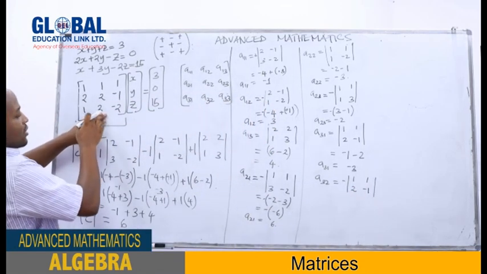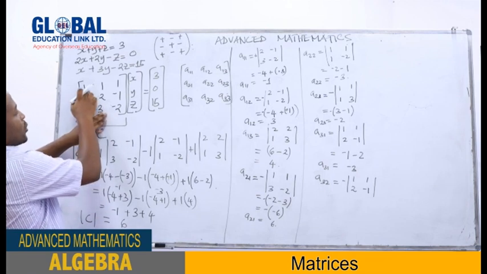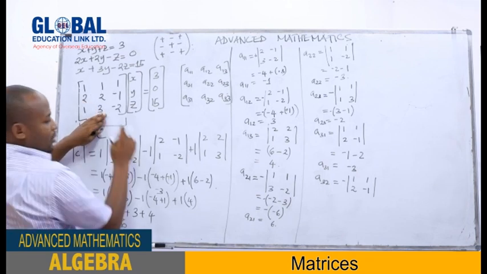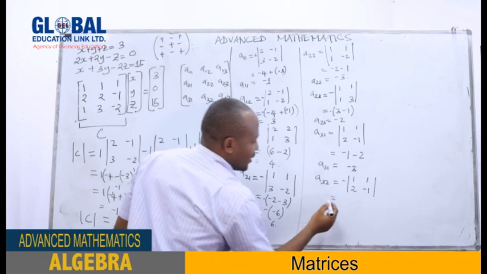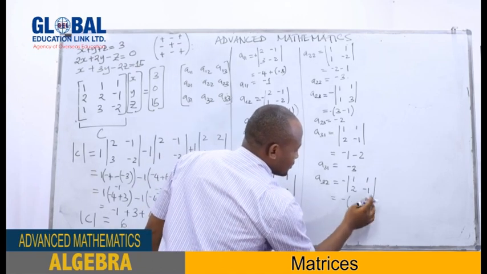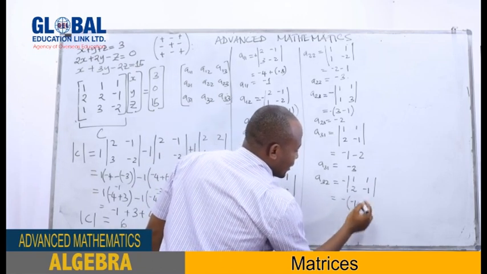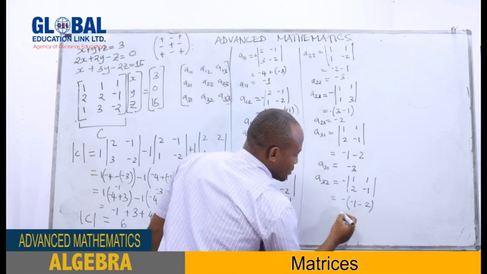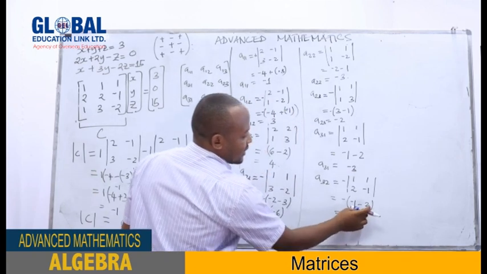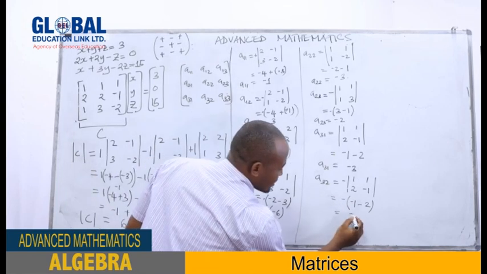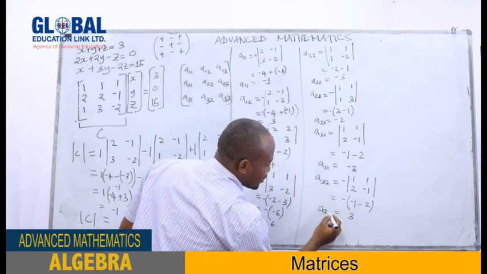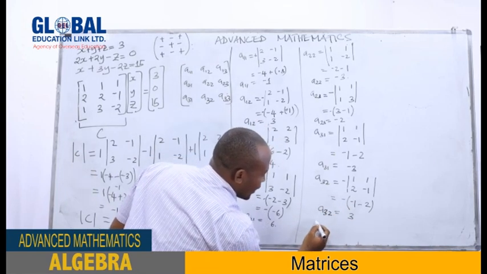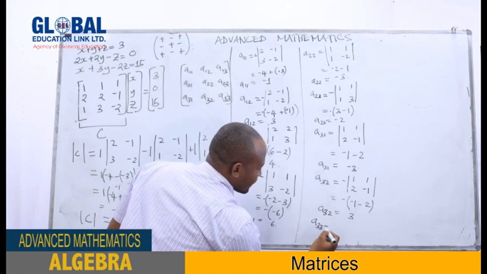Let us assure ourselves. And then it's negative, negative 1. This and that is minus 2. So we are left with negative 3 inside times that negative, it's positive 3. That is A3, 2.